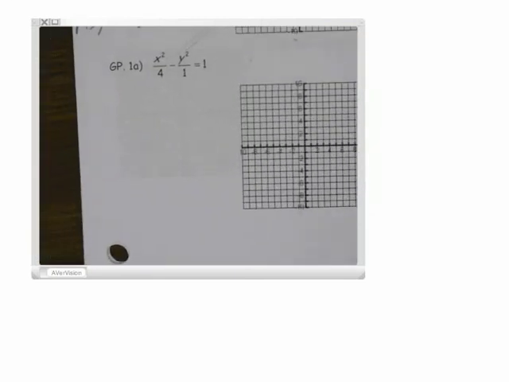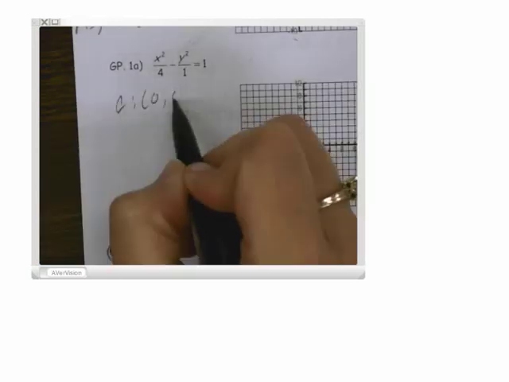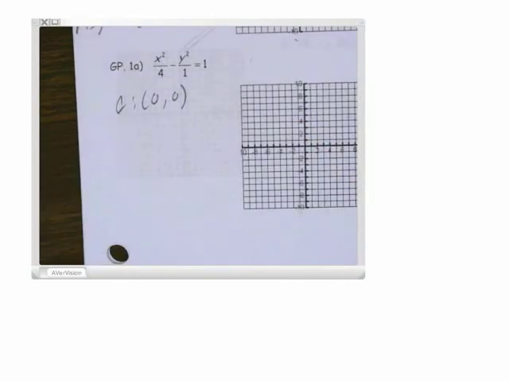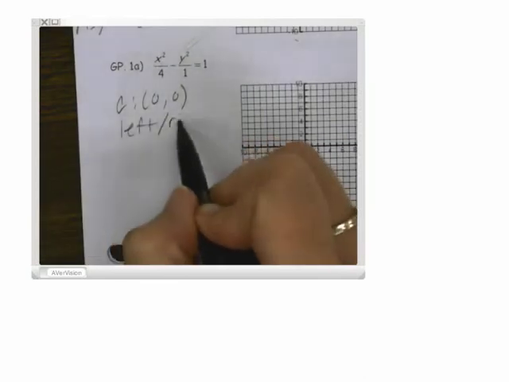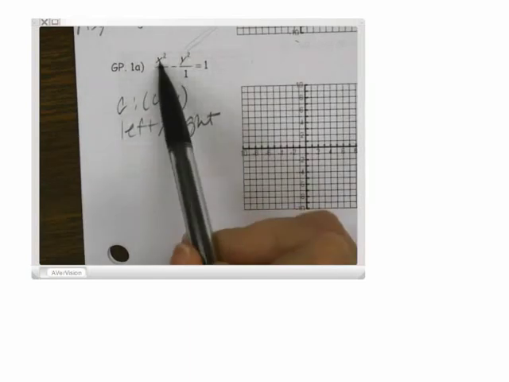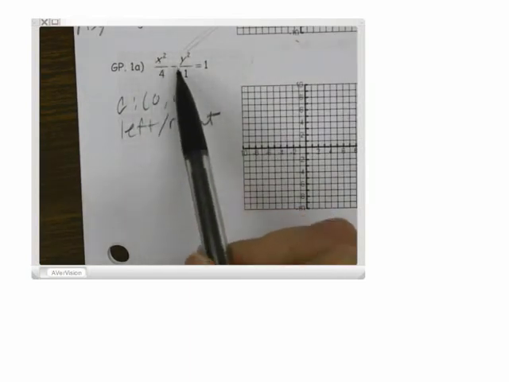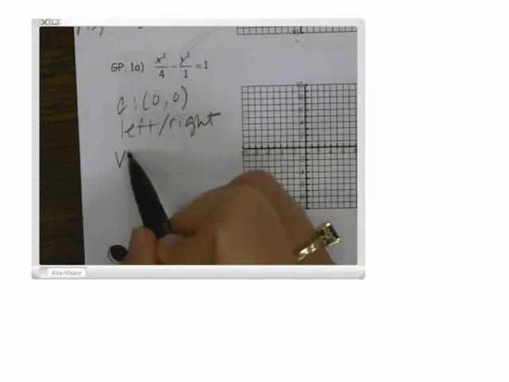Next example, what is the center? What is the direction, left, right, or up, down? I know that because x squared, x is in front of the minus or is positive. What are your vertices?